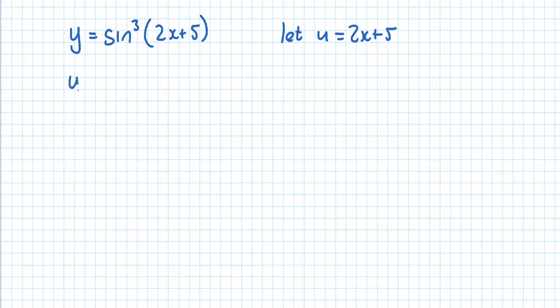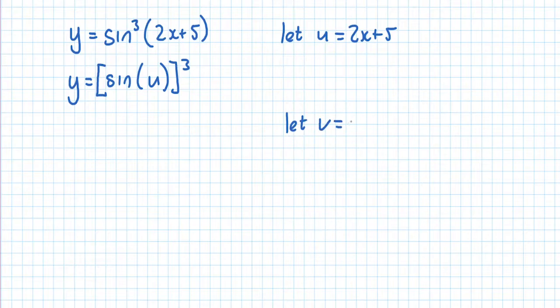Then our y variable is going to be equal to, and I'm just going to put it in brackets for now, it'll make sense in a second, sine of u to the power of 3, because that's our sine cubed of u, where u is 2x plus 5. Now what we're going to do is let v equal sine of u. So now our y function is going to be v to the power of 3.